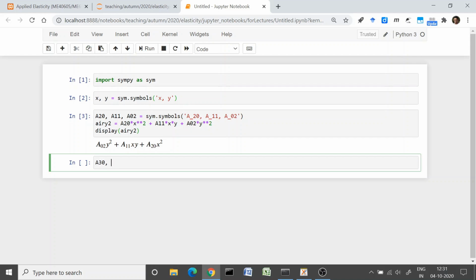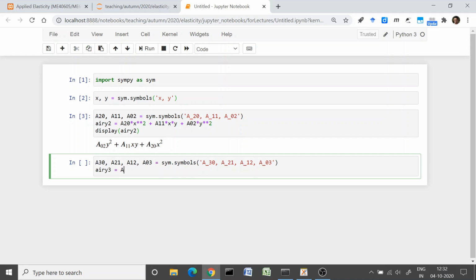Next, for the cubic terms, a30 times x cube plus a21 times x square times y plus a12 into x into y square plus a03 into y cube. We display that as well.